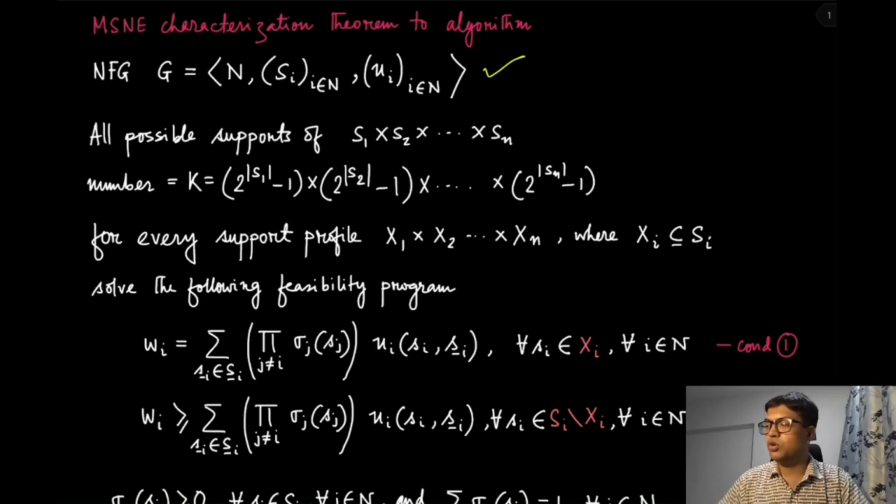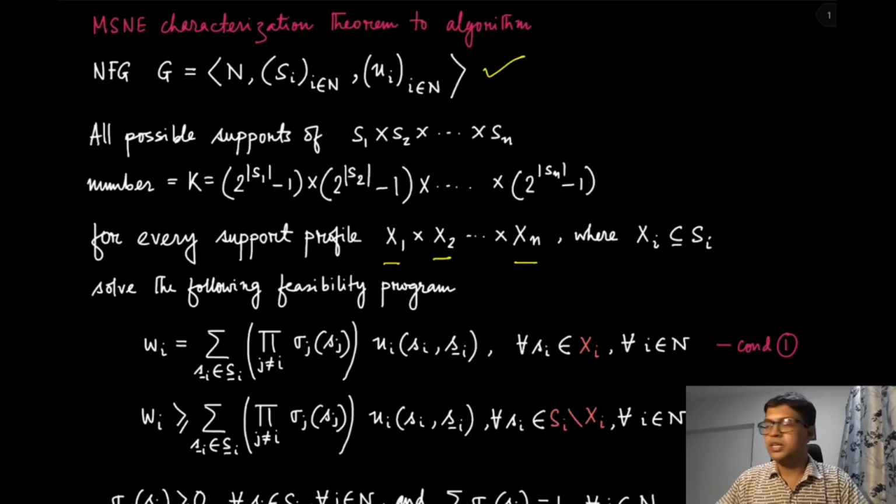So suppose for player 1 the support is x1, for player 2 support is x2. Therefore, for this support profile from x1 cross x2 to xn, we are going to develop a feasibility program where the variables are the probability masses over those strategies in that support.